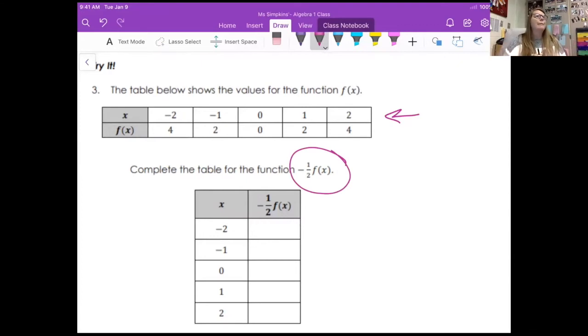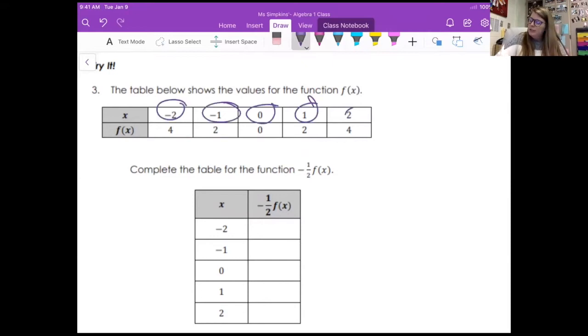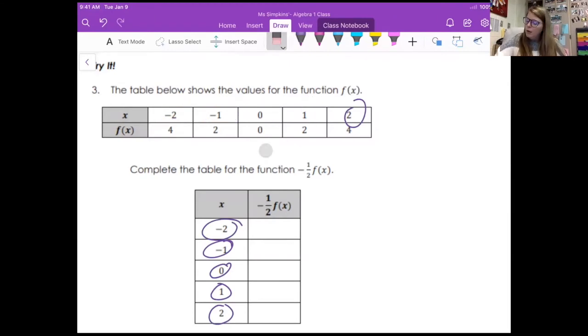Outside. Nothing is happening inside those parentheses. So that means all of my x's are staying the same. -2, -1, 0, 1, and 2 stayed. -2, -1, 0, 1, and 2. Okay, but what we are going to do is all the output, the dependent variables, we're going to multiply them all by -1/2.